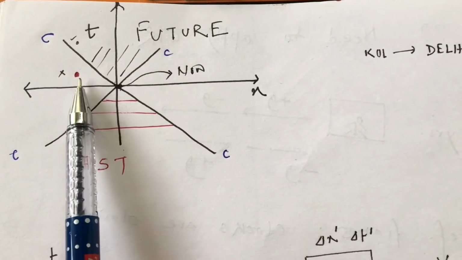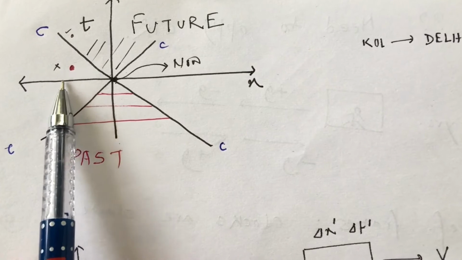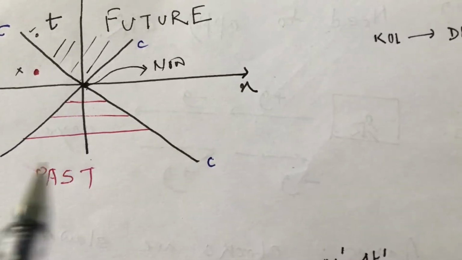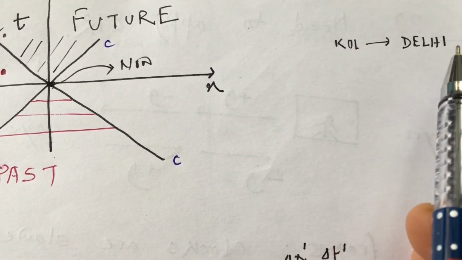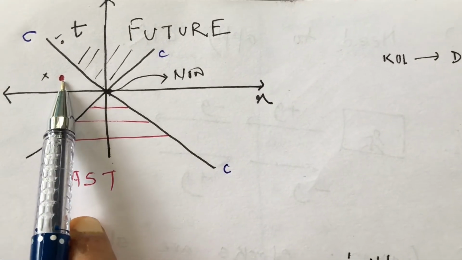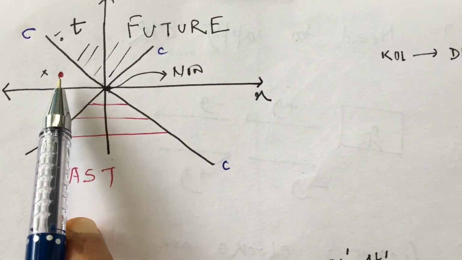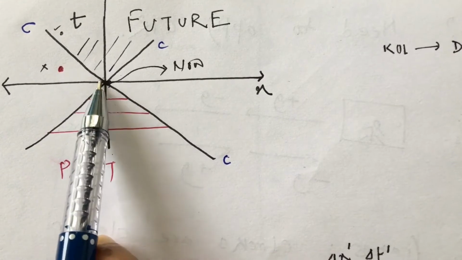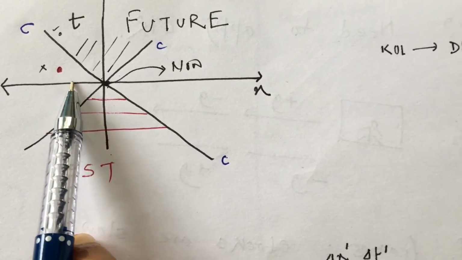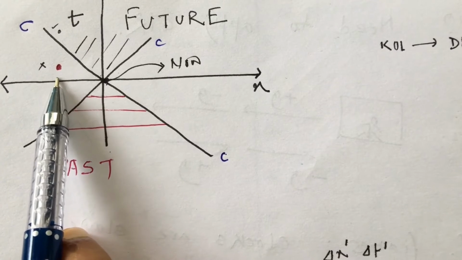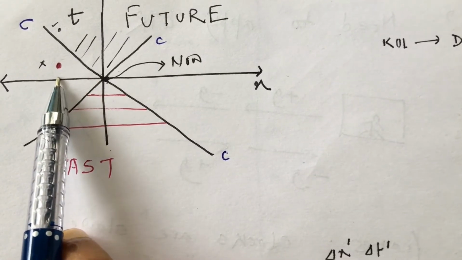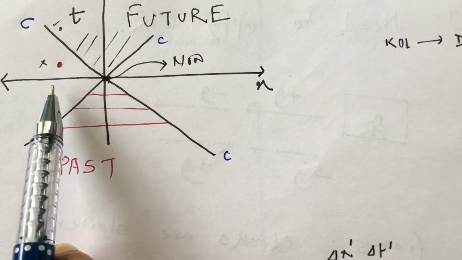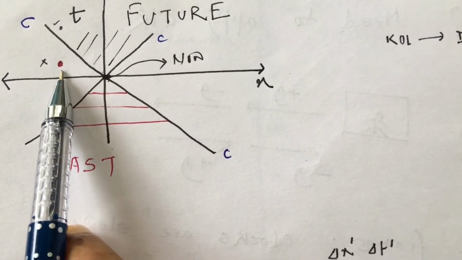Like if this is Delhi, I cannot reach this point. Because if I have to reach Delhi from Kolkata, Delhi is here, which means I am going with a speed greater than c. Here we can see that dx, the change in coordinate, is very large, and the corresponding change in time is very small. And we know v equals change in position by change in time.